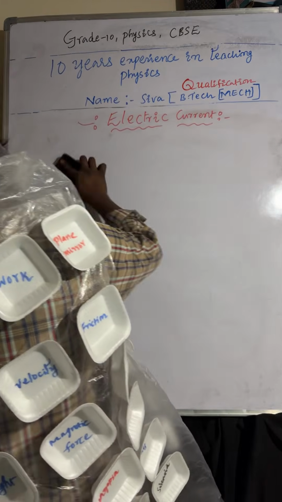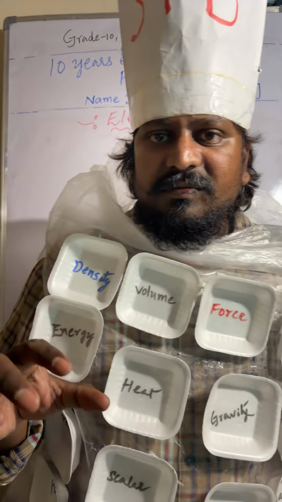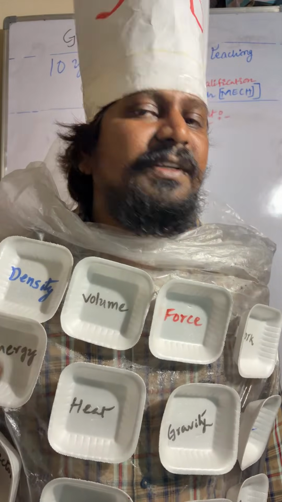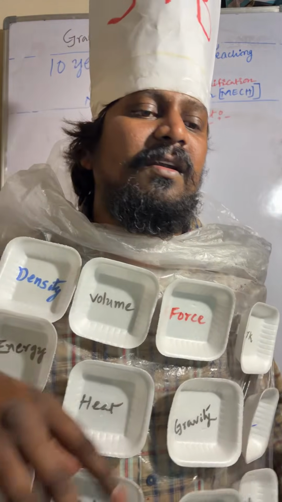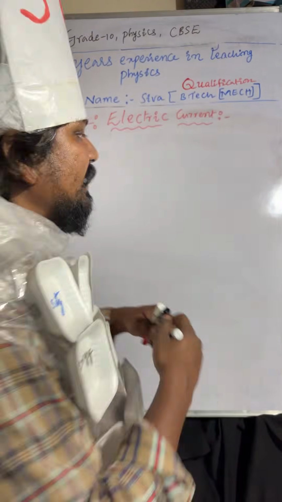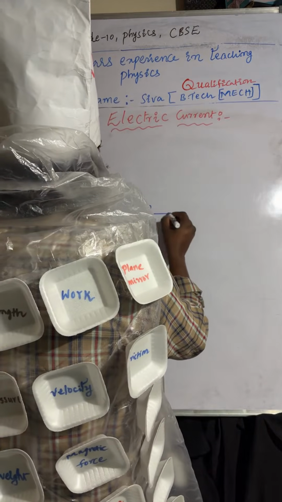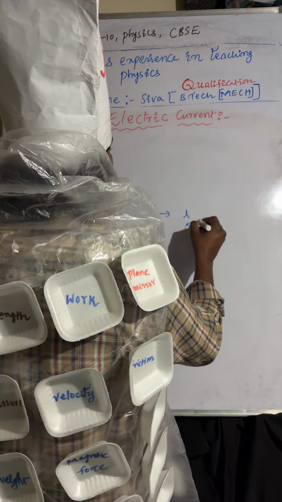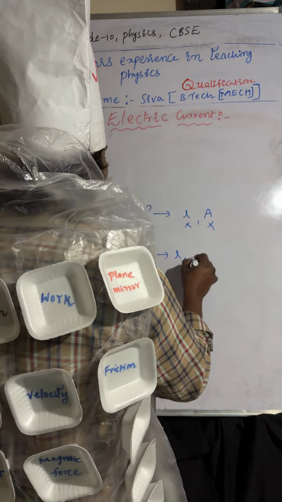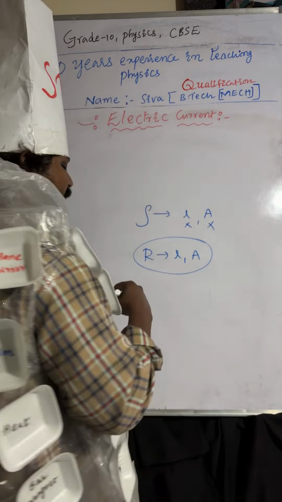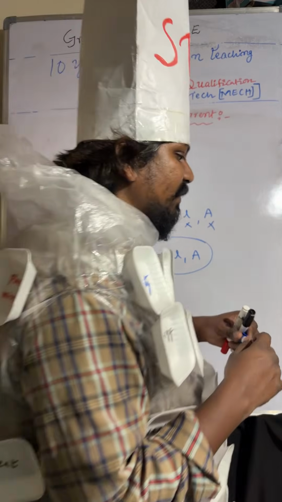And one more question in MCQs they will ask: does resistivity depend on physical dimensions? No. Resistivity does not depend on length and area. Only resistance depends. Very important. Understood or not? So be very clear with that.